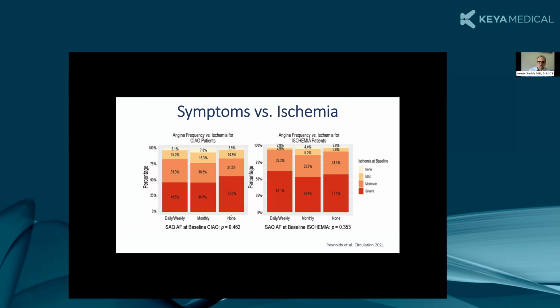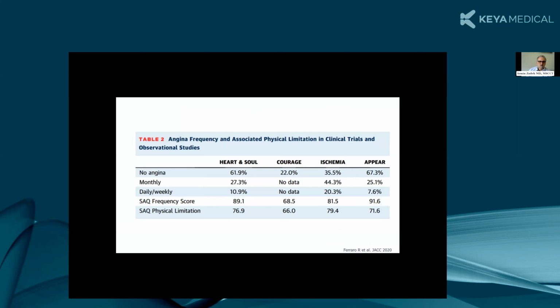The other important point I want to highlight before I close here is that the vast majority of patients with stable coronary disease have either no angina or infrequent angina. Particularly in the large registries, like HEART and SOUL and APPEAL, 90% of those had either no angina or very mild angina. In the quality of life scores, 100% is basically perfect, and there are 90s in these.